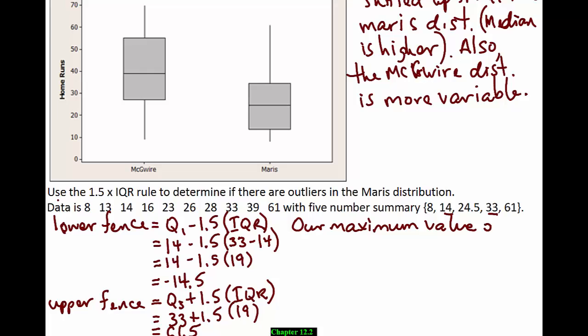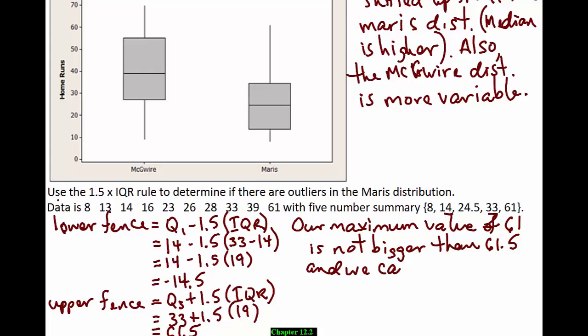So our maximum value of 61 is not bigger than 61.5, and we cannot have a value lower than negative 14.5.